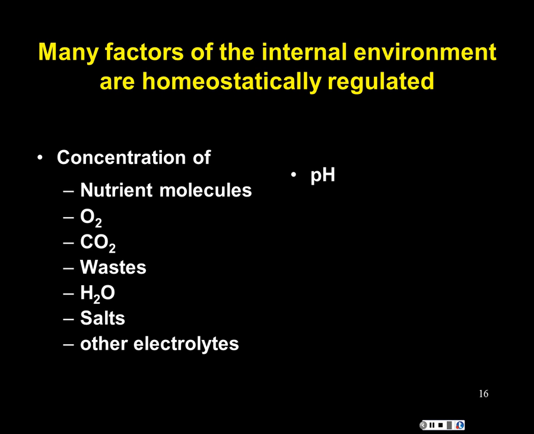The pH in the blood is not the same as the pH in the stomach, which is not the same as the pH within the cell, which is not the same as within a mitochondria across the inner membrane. So all of these factors have to be maintained within homeostatic ranges. So pH is another example of something controlled by homeostasis.